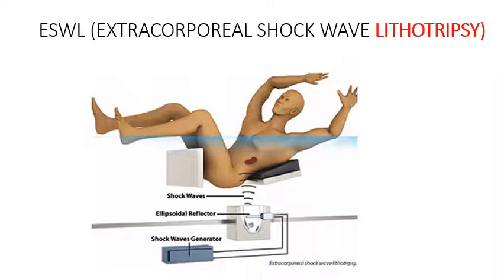One of the ways they can do it is they can put shock waves in, you lie down on the bench obviously, and they can use a machine that puts shock waves in here to try to break the big kidney stones up into smaller kidney stones so that you can pass them more easily.